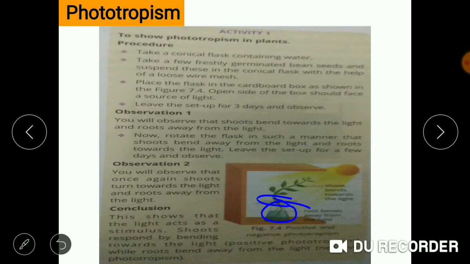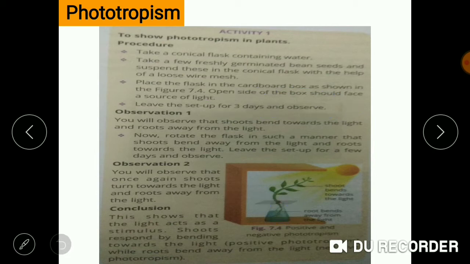The cardboard box is opened from one side and the setup is placed in such a manner that the open side of the cardboard box is receiving the sunlight. They have kept this setup for about 3 days, and then they have taken the observation.